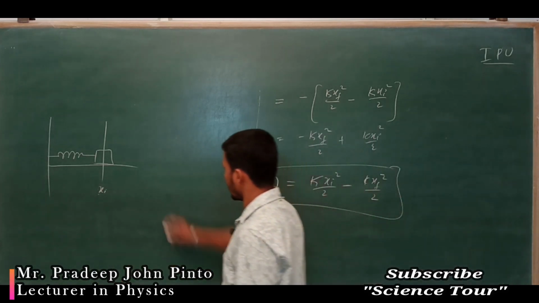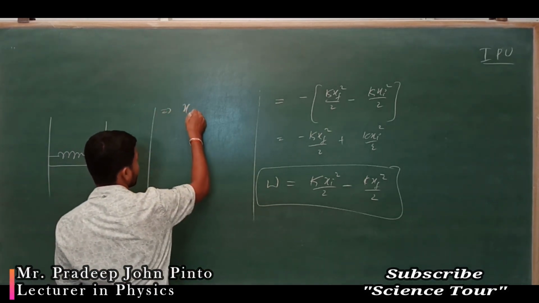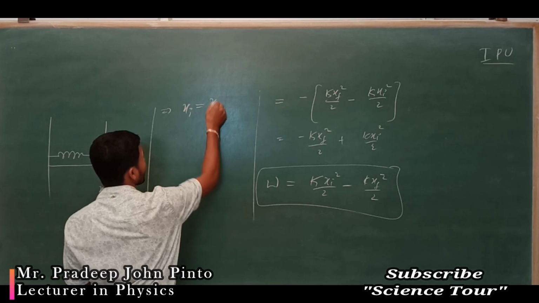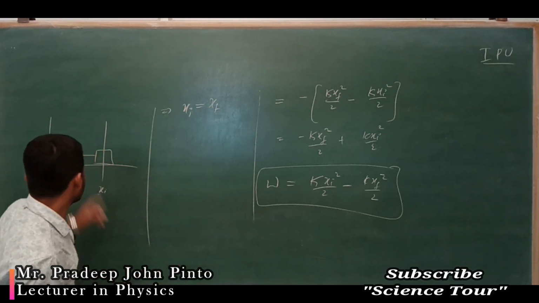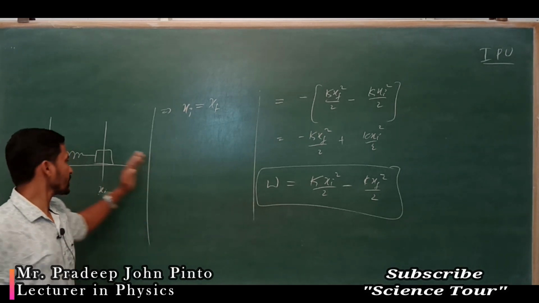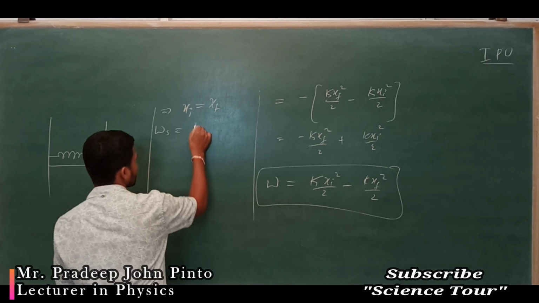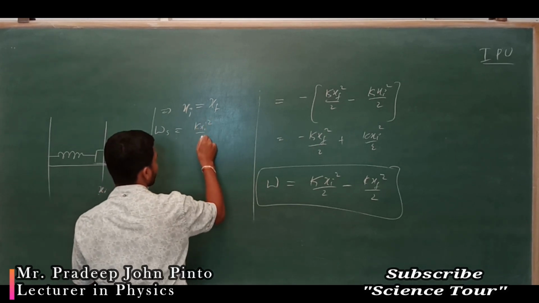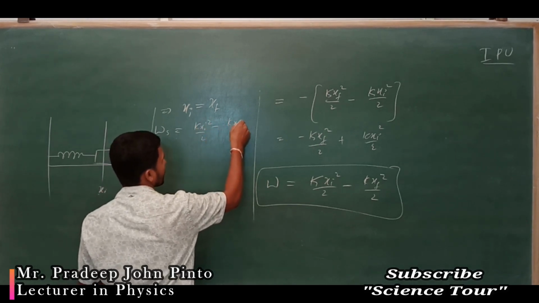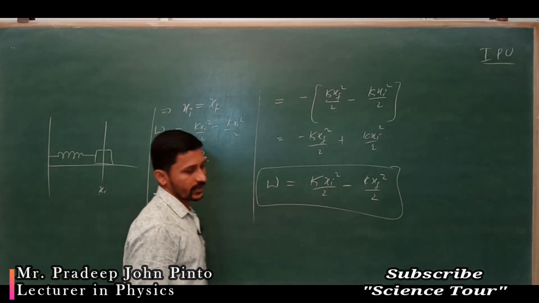That implies x initial is equal to x final, no? It extends and comes back again. Then work done is kx_i square by 2 minus kx_i square by 2, which is equal to 0, meaning there is no work done.